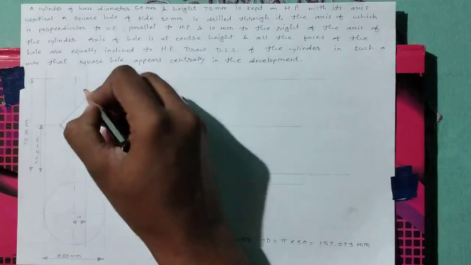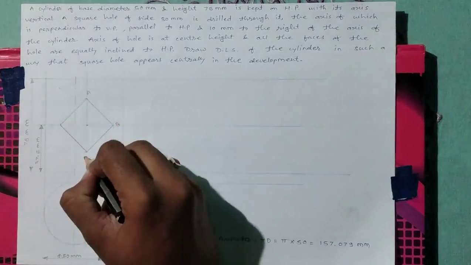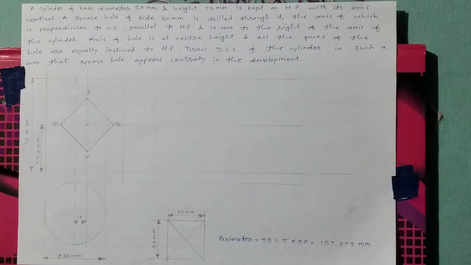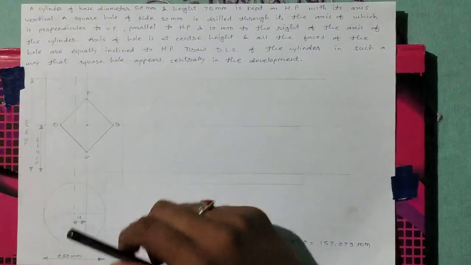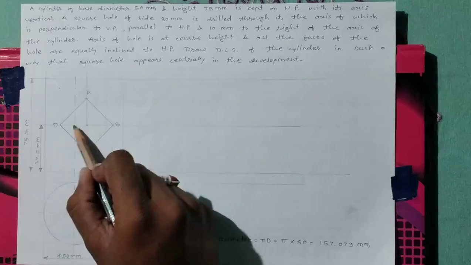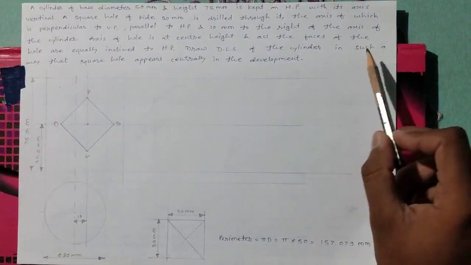Name each corner. This is square hole of side 30 mm and axis of this square hole is perpendicular to this vertical plane, parallel to horizontal plane, 10 mm to the right of the axis of cylinder at 10 mm offset.